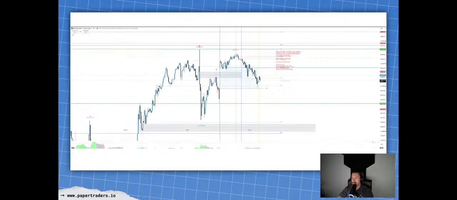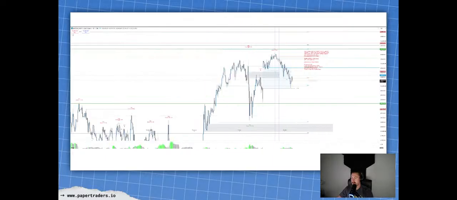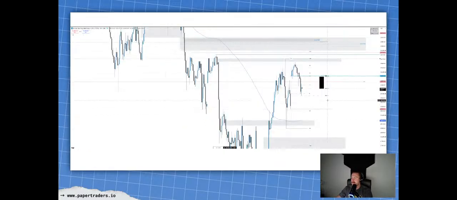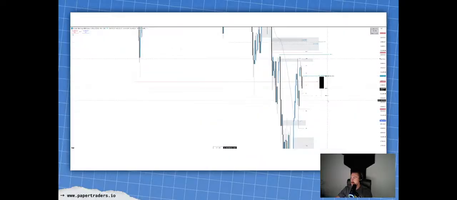Yes, so a grind down during London in those sessions typically does mean that we can just reverse and shoot up. But here, what we see is that price is trading below that previous 4-hour low, which is good to know.